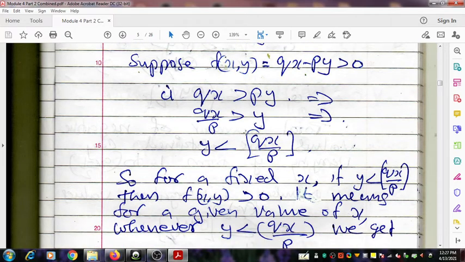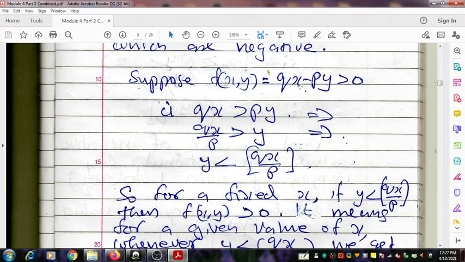If you fix an x and apply this condition, you can see the y values which satisfy it. Here we actually have less than or equal to.